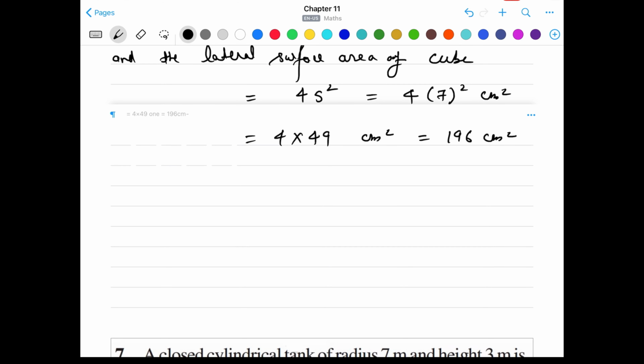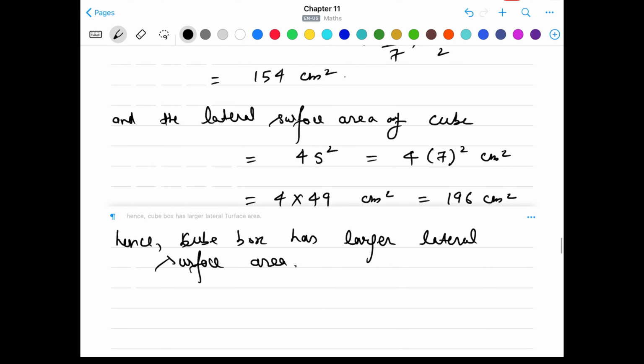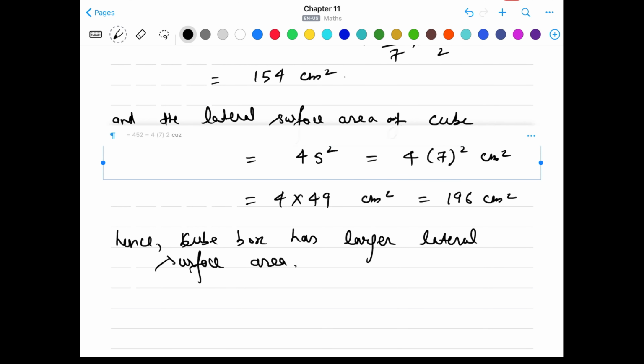Hence, cube box has larger lateral surface area. So by calculating the lateral surface area of the two, we could find out that the cube has a larger lateral surface area as compared to the cylinder.